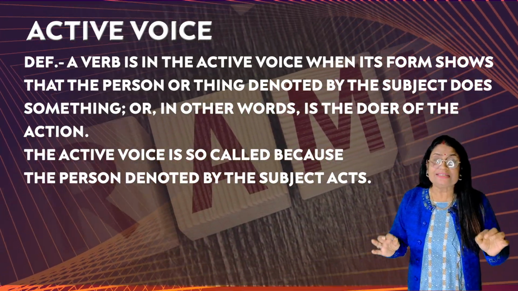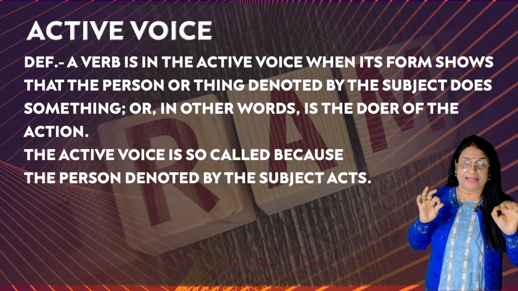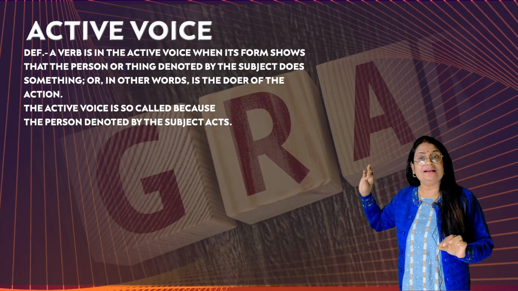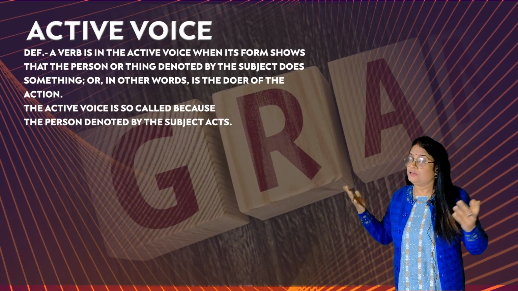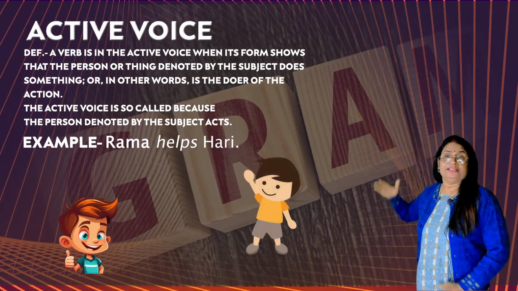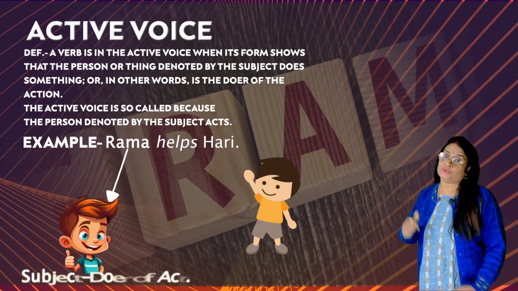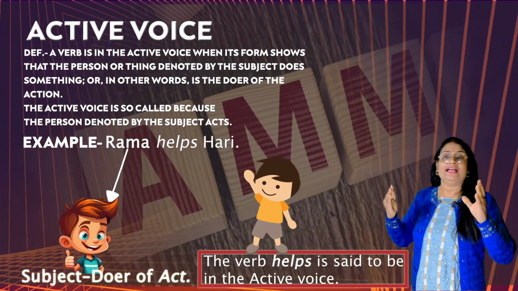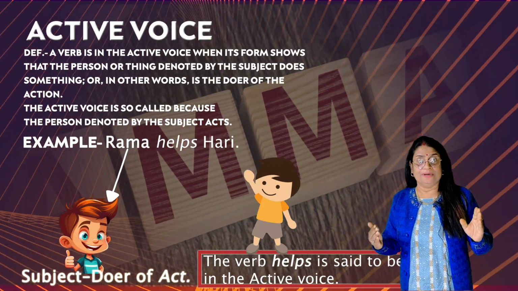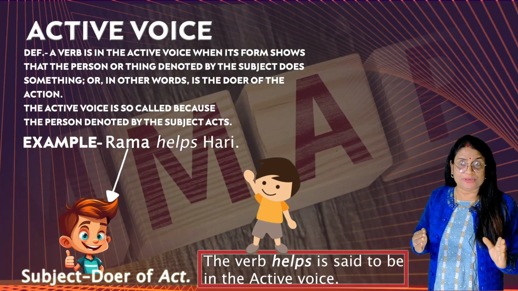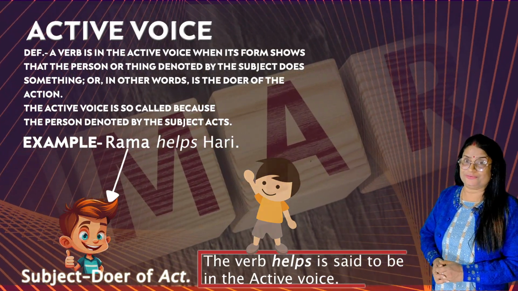When the subject is the doer of the action, we call that the sentence is in the active voice. For example, Rama helps Hari. Here the subject Rama is the doer of the action. So it is in the active voice. Remember, when the subject does the work, it is said to be in the active.